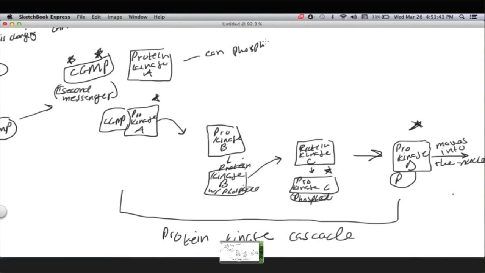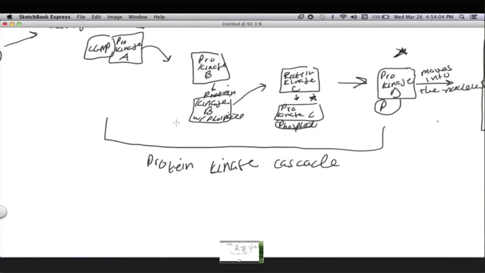Each kinase can phosphorylate hundreds of other kinases so that the signal gets highly amplified. Also, it would be good to mention that this is called the protein kinase cascade. Hopefully it's clear why this is considered a cascade. It's like one domino that knocks down 2 dominoes, that knock down 4 dominoes, that knock down 8 dominoes. It's like a big pyramid of dominoes falling down.